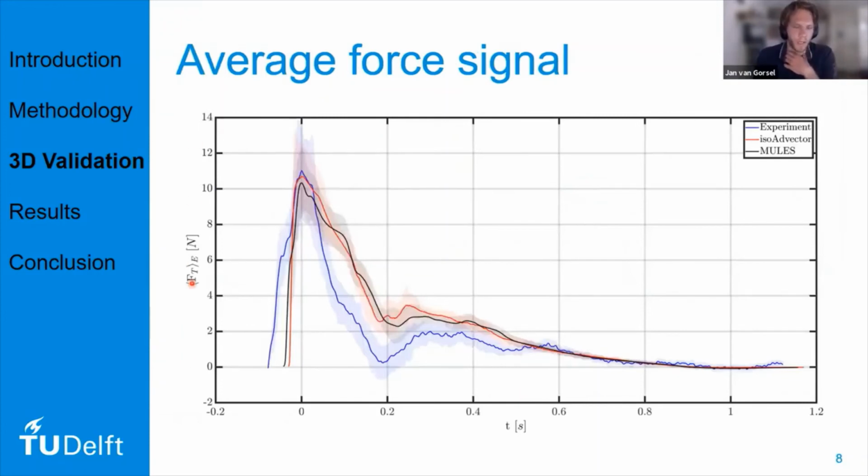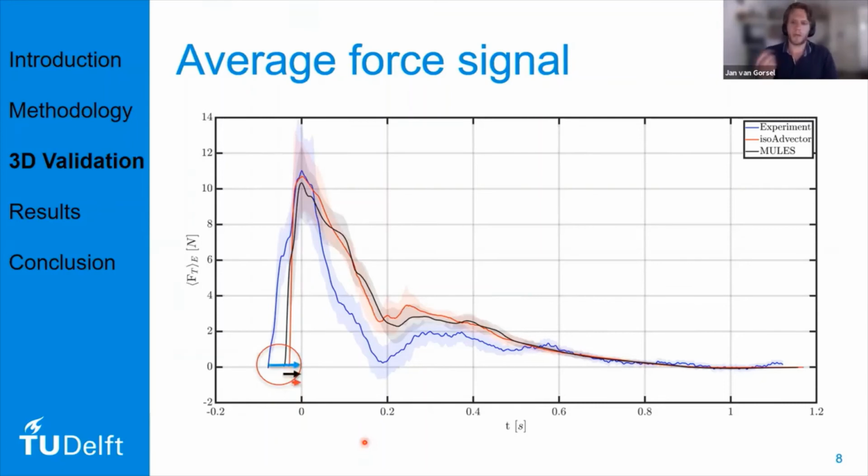Again, here on the y-axis, you see the force, on the x-axis time, where the signals are all aligned at the 0 seconds, where the peak force is aligned at the 0 seconds. The first thing that you can immediately see is the rising time. The rising time is the time to go from a force of 0 to the maximum force. As you can see, for the experiment, for Niels and for Isaac vector, there's a significant difference.